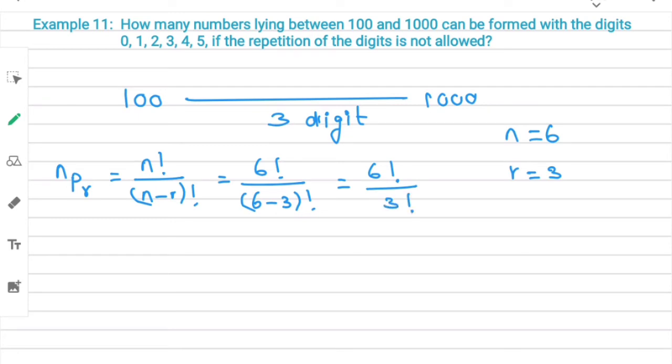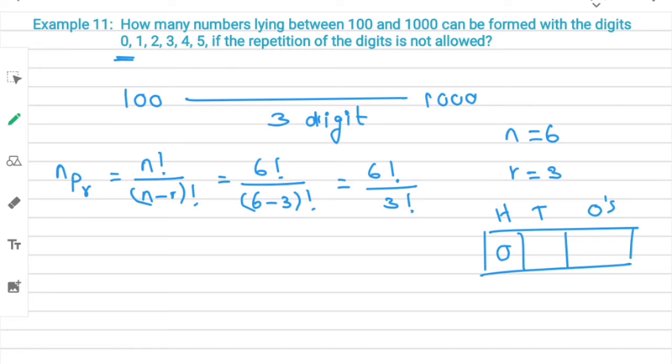In this question, we have a small twist. Here we have one digit which is 0. That means in a 3-digit number, this is the 1's place, this one is the 10's place and this one is the 100's place. In this we found nPr, that is 6Pr. All the numbers are placed in these 3 digits, right?